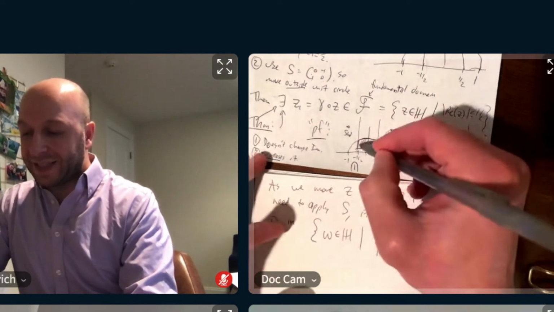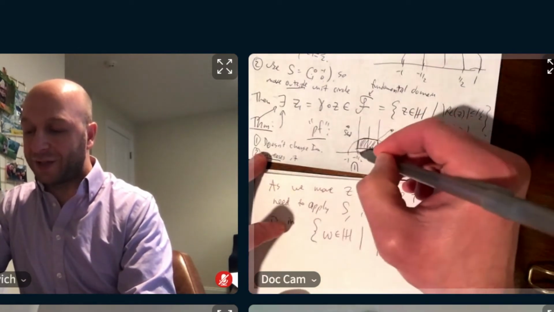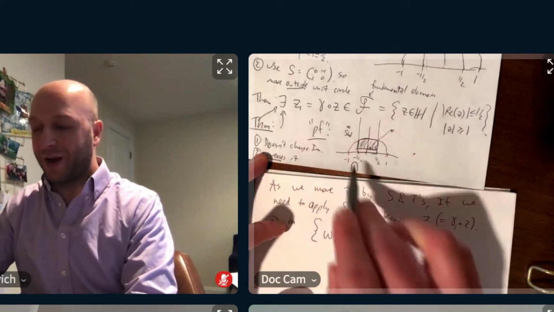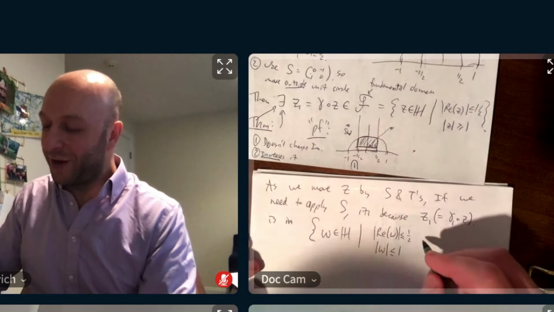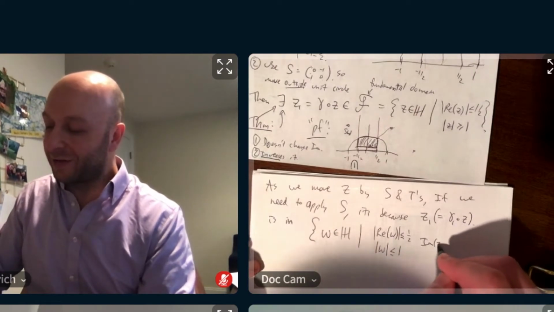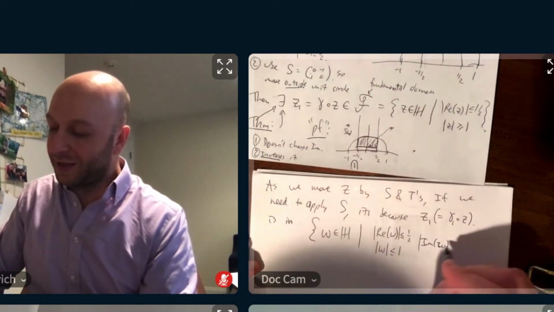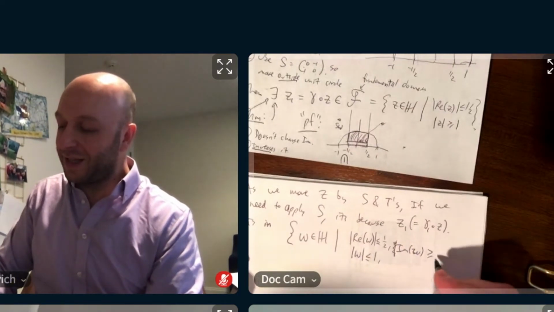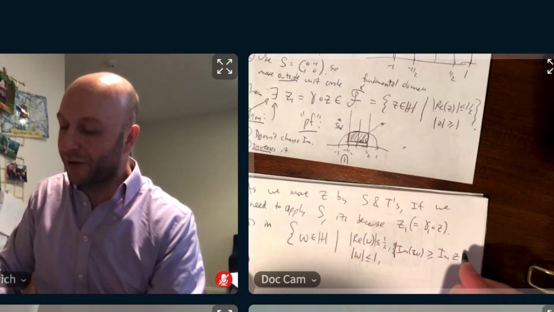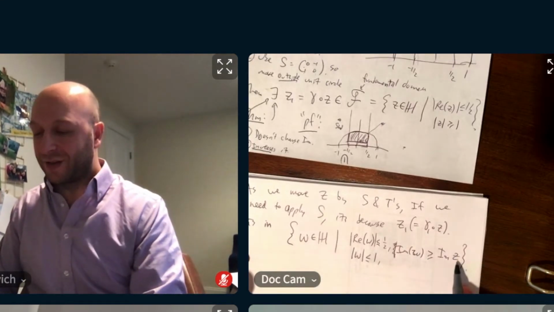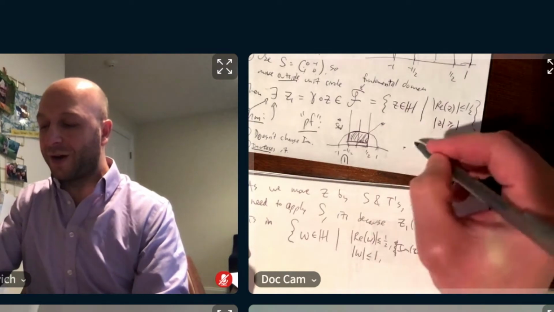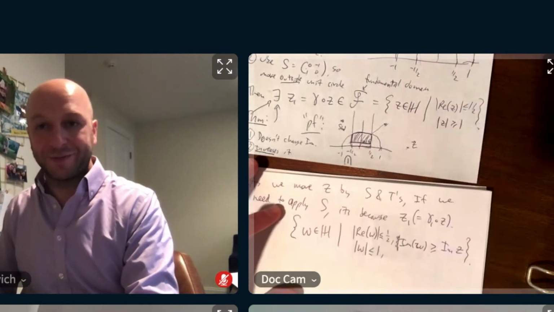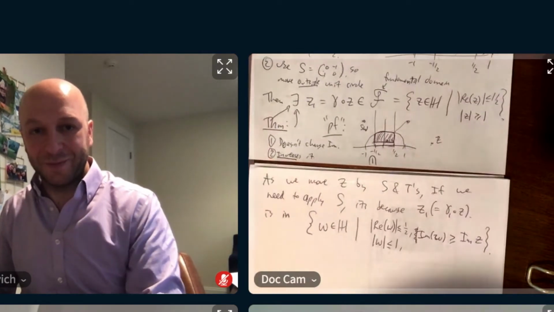But that entire region is not compact because of the boundary of the upper half plane, since the upper half plane's open. But the observation is that the imaginary part of W is at least the imaginary part of the starting value. If I start with Z, whatever Z was, then I wind up in this compact region. Okay?